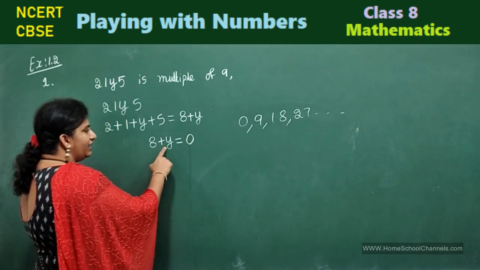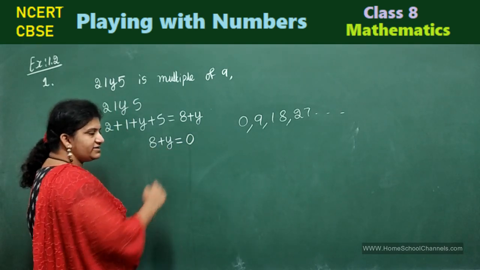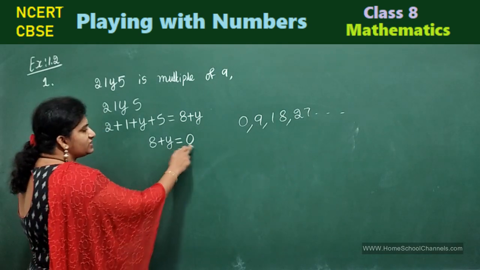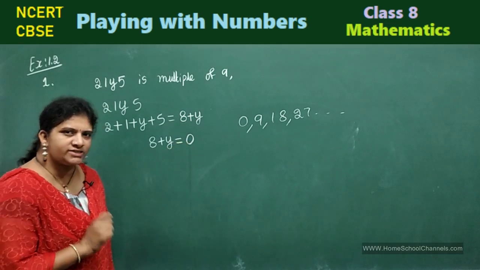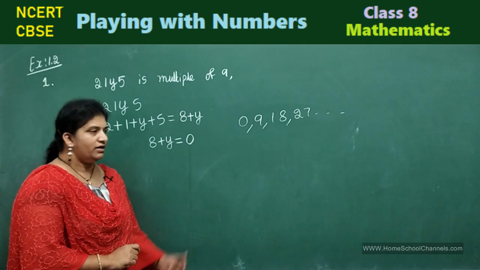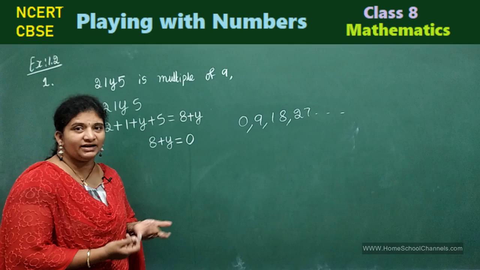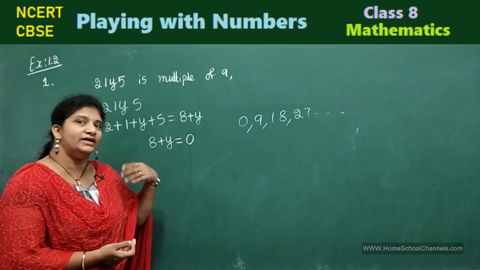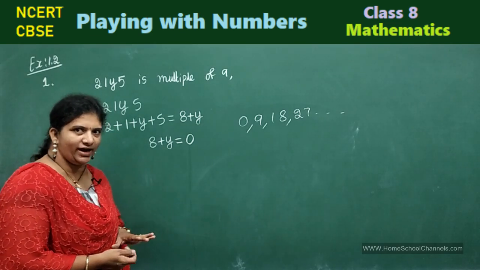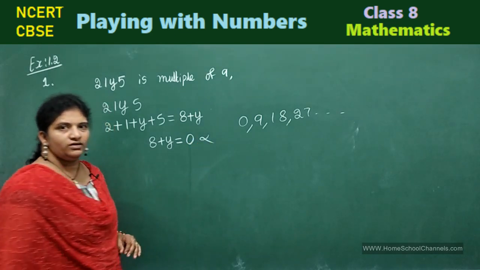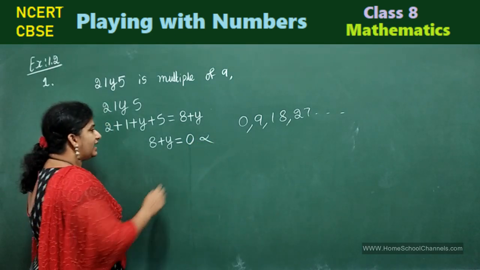Can you add any number to 8 and get 0? 8 plus y is equal to 0. Is it possible? Think a little. No, we can't get 0. If we add anything, we get some other number, but we won't get 0, right? So this is wrong. Let us go for the next trial.